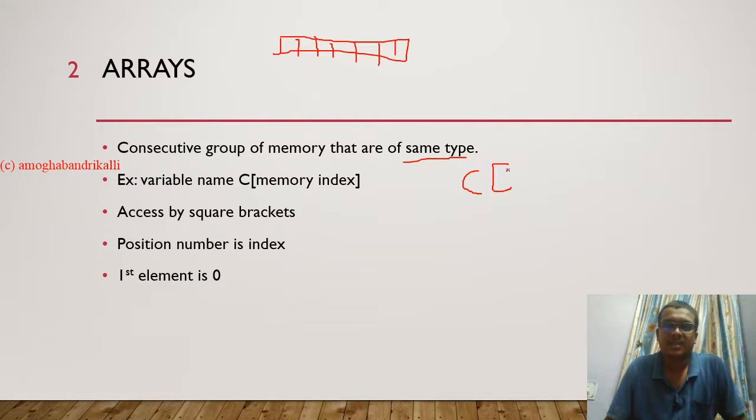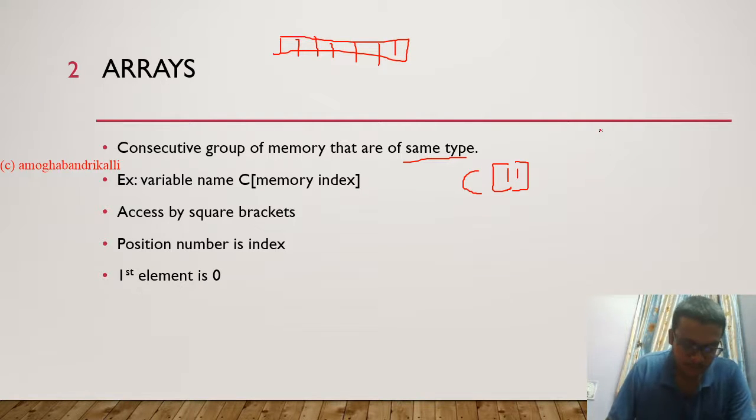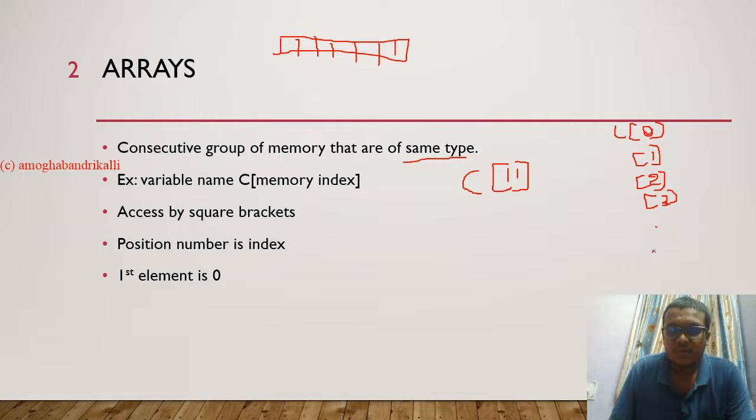I am assigning some values to it, so it is going to hold values from 0 to 10. Here you start with index 0, C of 0, C of 1, C of 2, C of 3, going till C of 10.